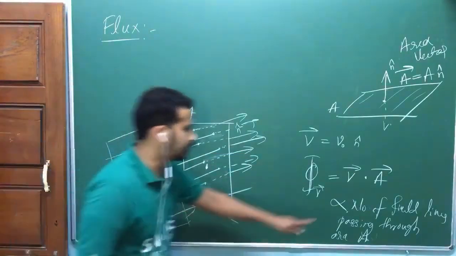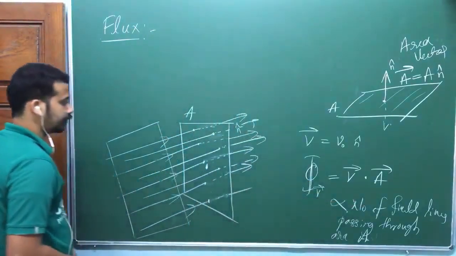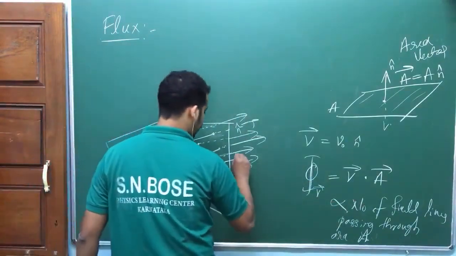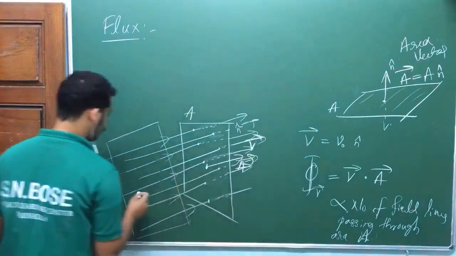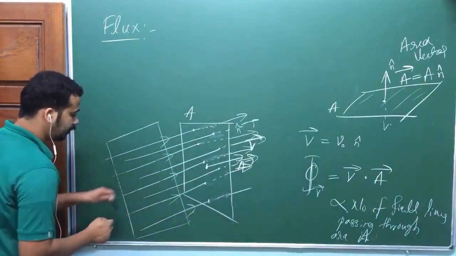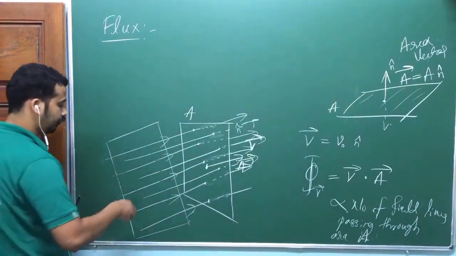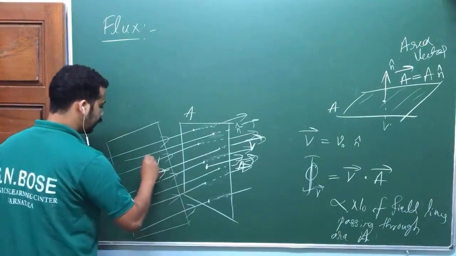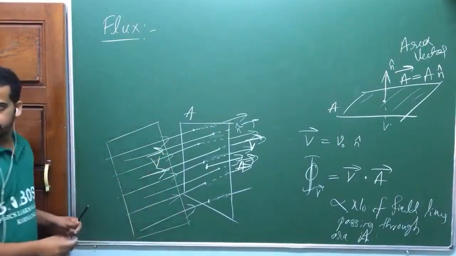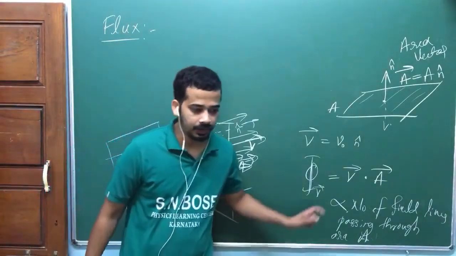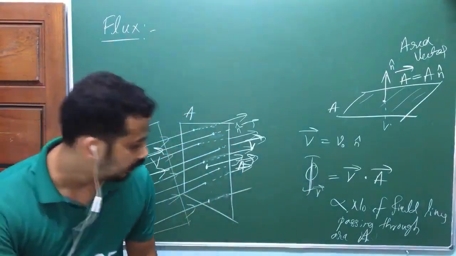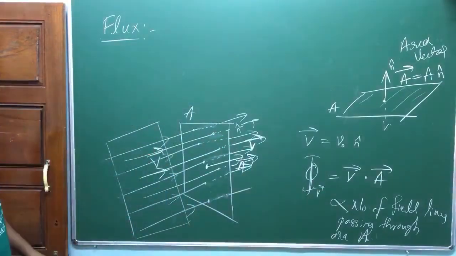The A vector and V vector have the same direction. Let me draw this. This is the area vector, this is the V vector. Here the area vector is outward from the board, but the V vector direction is here, 90 degrees. That's why the dot product vanishes. So this will quantify the number of field lines passing through the area A.